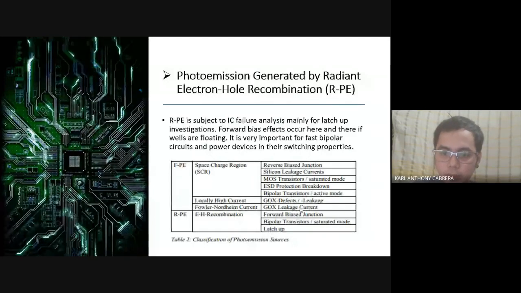Andito yung GOX defects, leakage, and GOX leakage sa current. Nasa RPE naman natin yung EH recombination or yung electron hole recombination. Andito yung forward bias junction, yung bipolar transistors in saturated mode, and tsaka yung latch up. Next.